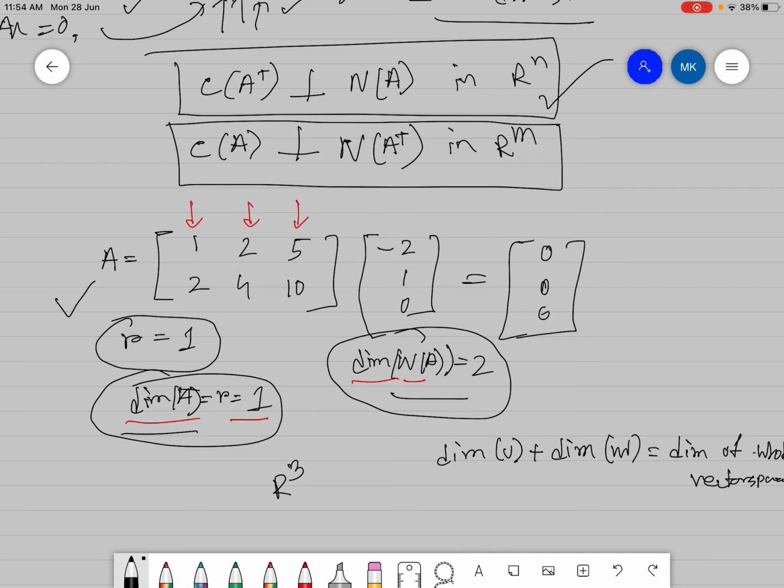That's why I wrote this line, as we are working with null space and row space. As n equals 3, they work in R3. And if you think about the other way, like the column space and the left null space, you will see that they work in R2.